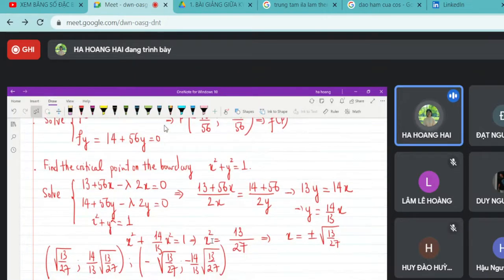All right, now let's replace these points, b2 and b3, into the function.